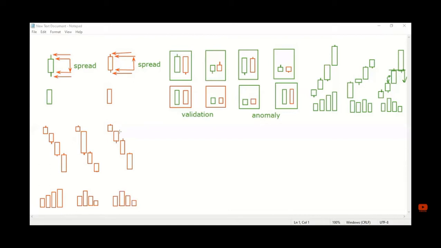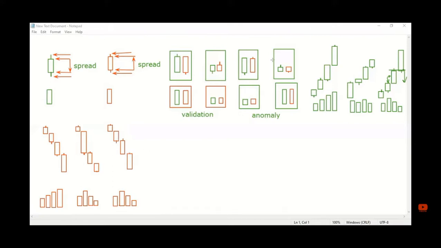So slowly the market became stronger, but volume is low here. It did not increase, volume not high here, volume low. So this type of movement suggests to us that the market movement is not okay.